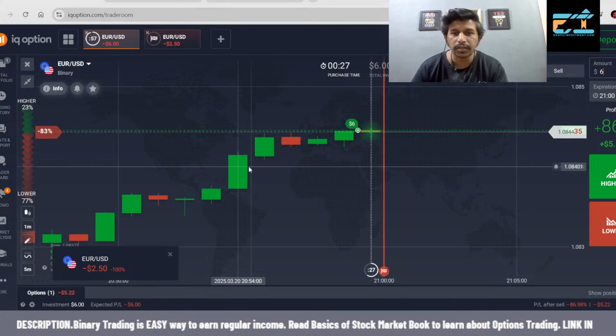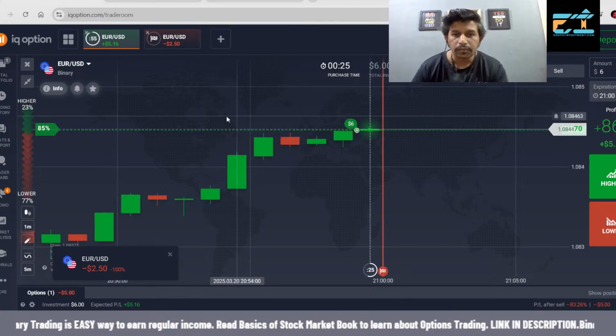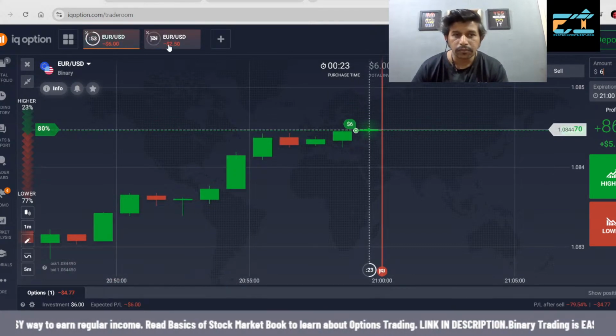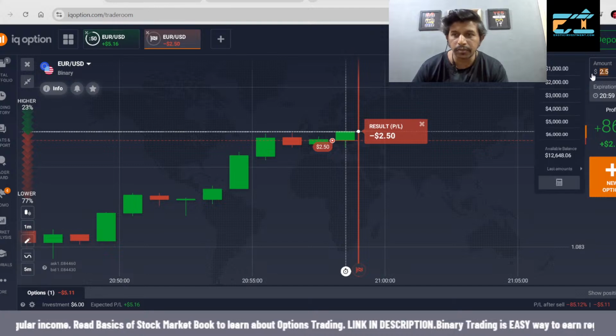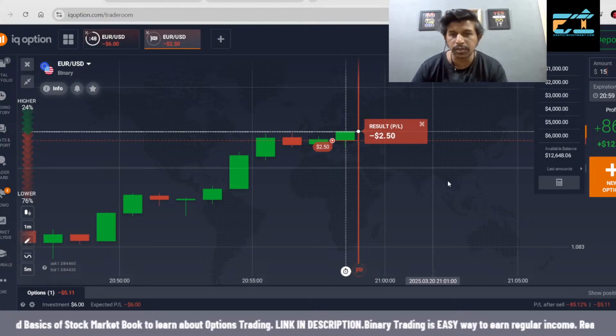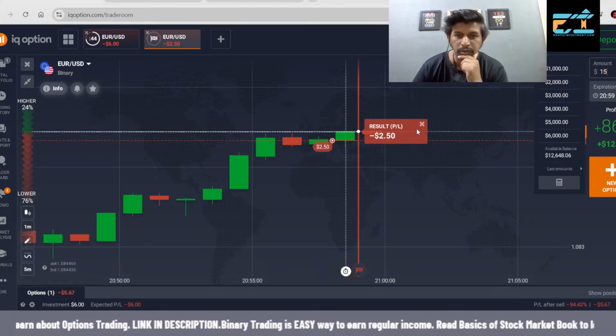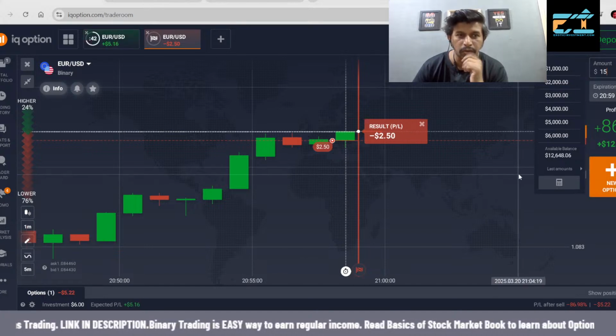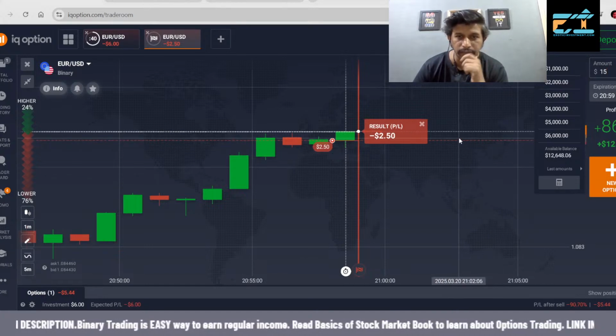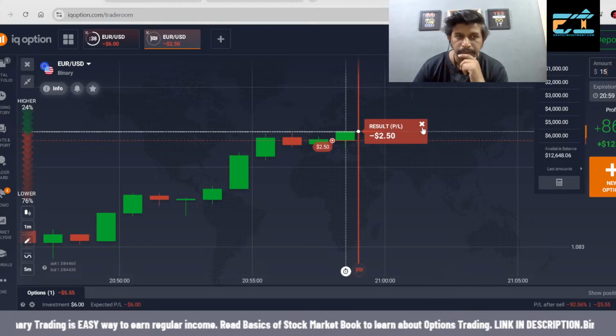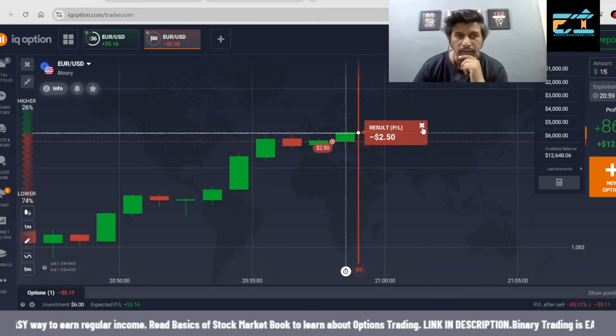I lost the second trade. I'll have to be ready here with $15. Once it turns 30, only then I'll have to close this because this new window, a new option, doesn't actually go off. Okay, so I'm in loss in this particular trade.